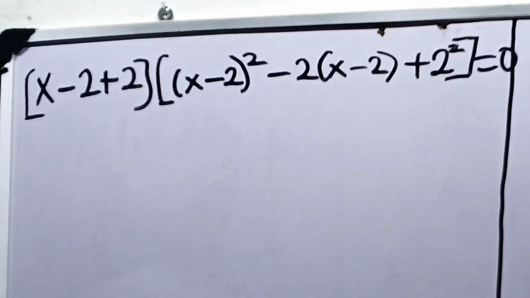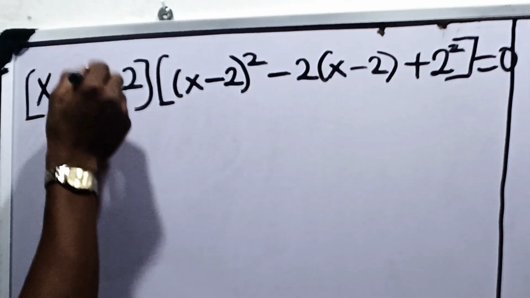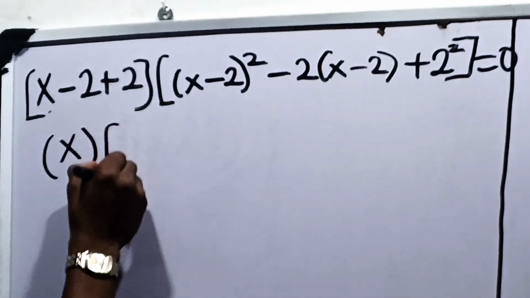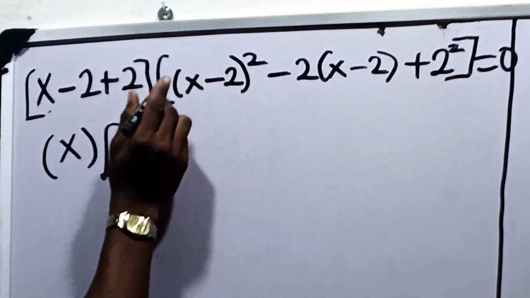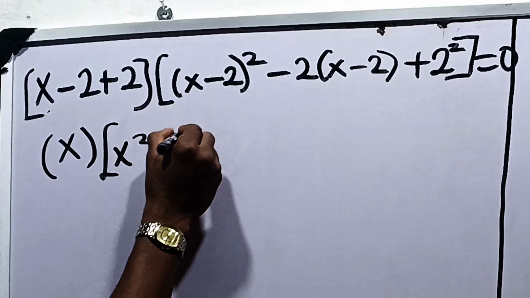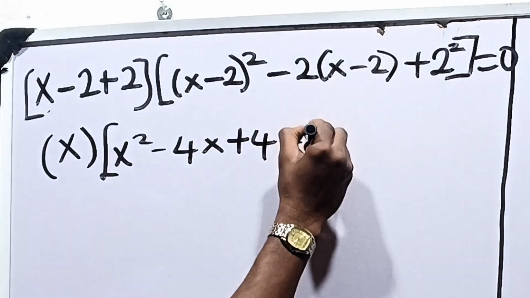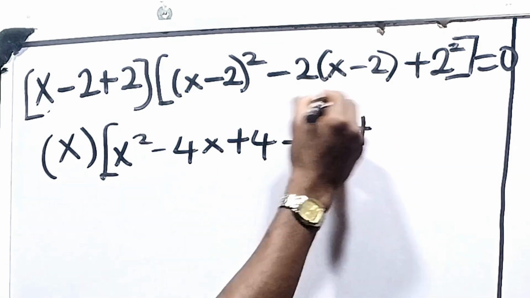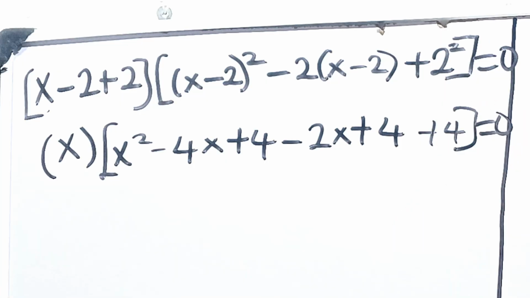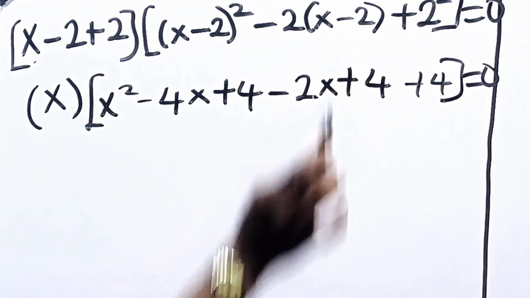We know that x minus 2 plus 2 is x plus 0, and x plus 0 is x, multiplied by x minus 2 squared, which is x squared minus 2 times 2 times x, which is minus 4x, plus 2 squared, which is 4, minus 2x plus 4, plus 4 again, and this is equal to 0, because minus 2 times x is minus 2x, and minus 2 times minus 2 is plus 4.